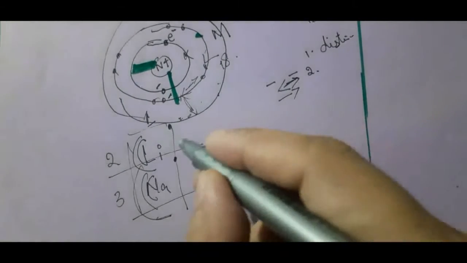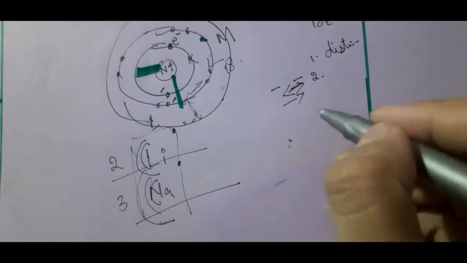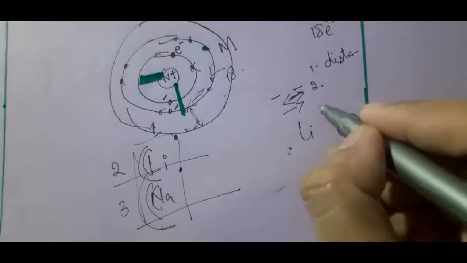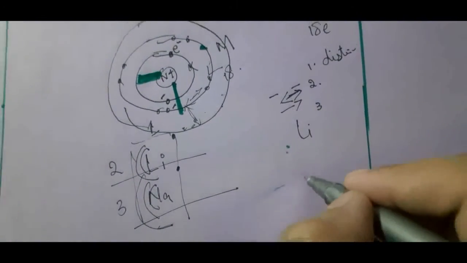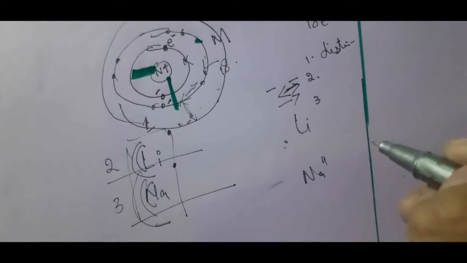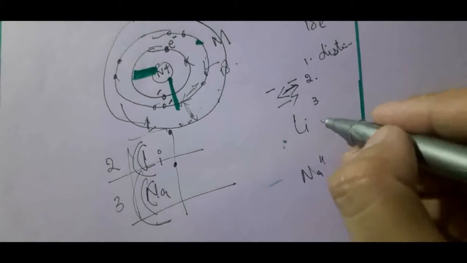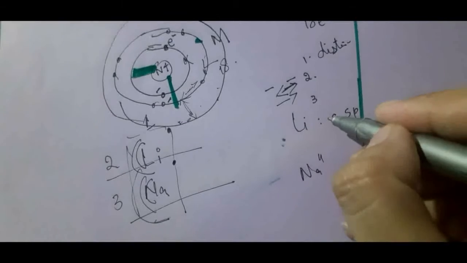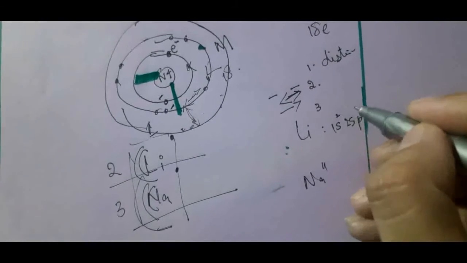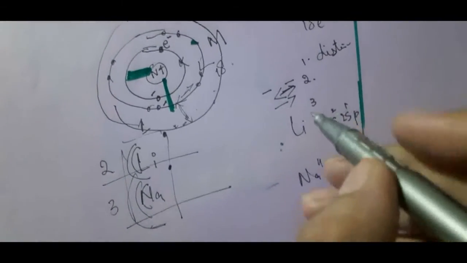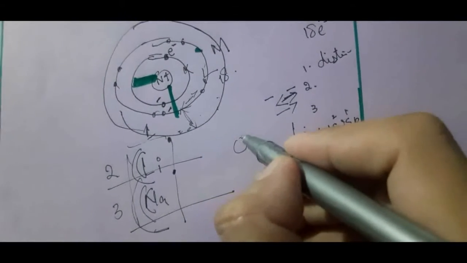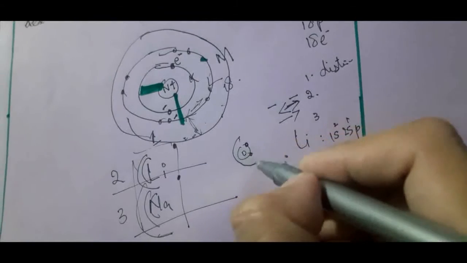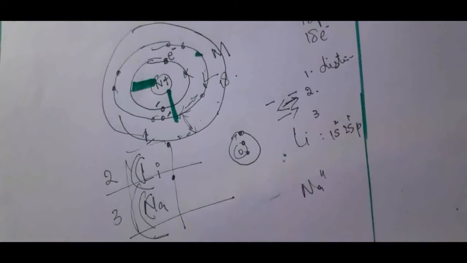Okay, so the electronic configuration: lithium has atomic number 3, sodium has atomic number 11. Let's draw their electronic configuration. For lithium, 1s2, 2s1. So lithium's first shell will have 2 electrons, whereas its second shell will have 1 electron.